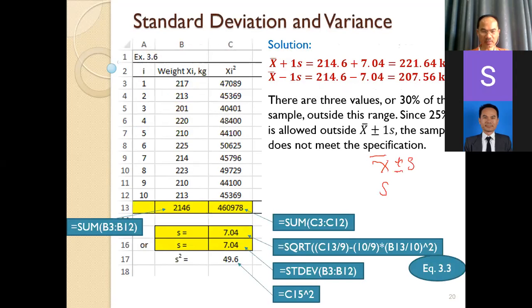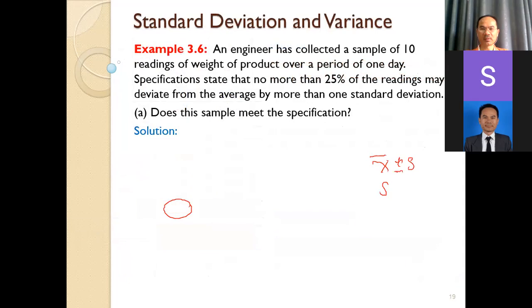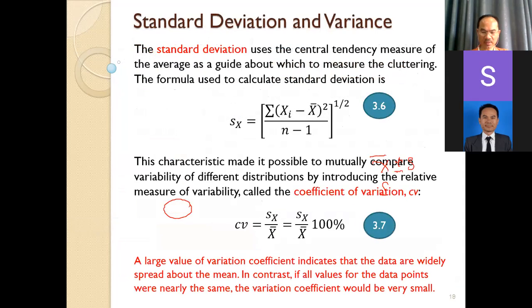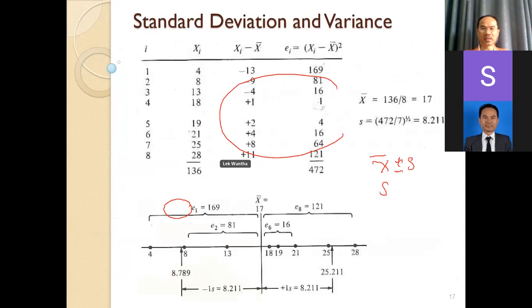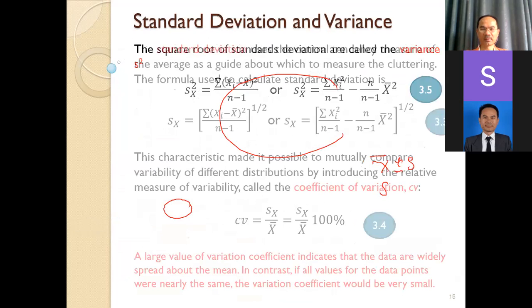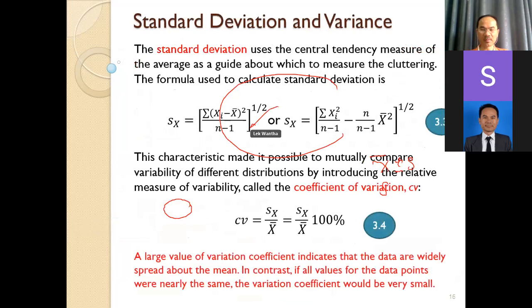Okay. For this case, we calculate the summation, and then you can calculate the average. And then we calculate the standard deviation. You can use this formula or this formula to calculate the standard deviation.